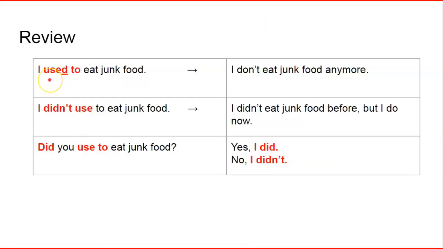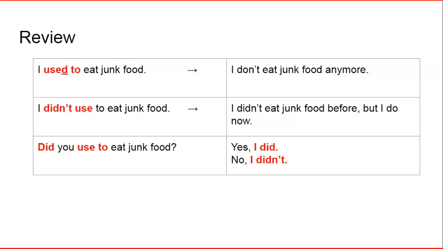So just as a reminder, let's go over the meaning of used to and the different ways it's used. Esther, will you read the first one? I used to eat junk food. And then what does that mean literally? It's if I eat French fries, a lot of fries and probably a lot of meat, fast food.